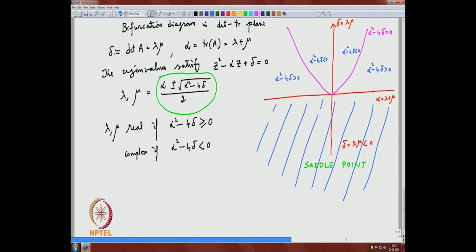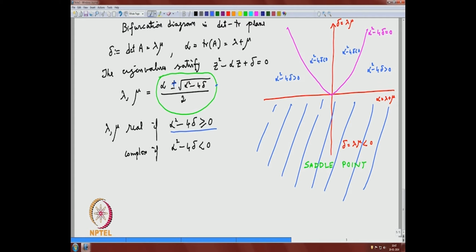Okay. Now, consider this case again. When alpha square minus 4 delta is greater than or equal to 0, one eigenvalue, with the plus sign here, will remain positive, and the other, the minus one, will be negative.